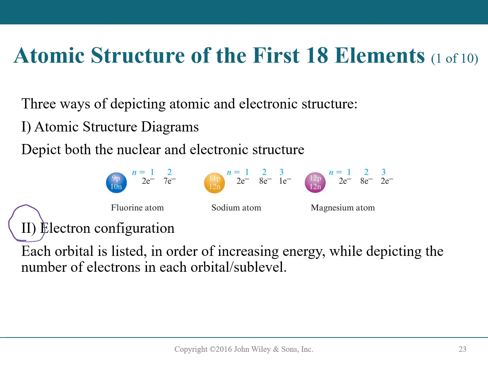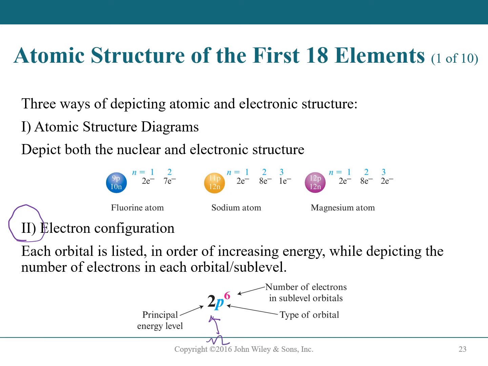But the more interesting one that we really want to focus on is electron configuration. When we record this, this is our principal energy level, the n number, so you're looking at your row on the periodic table. This is the type of orbital, and this is the total number of electrons in that sublevel.